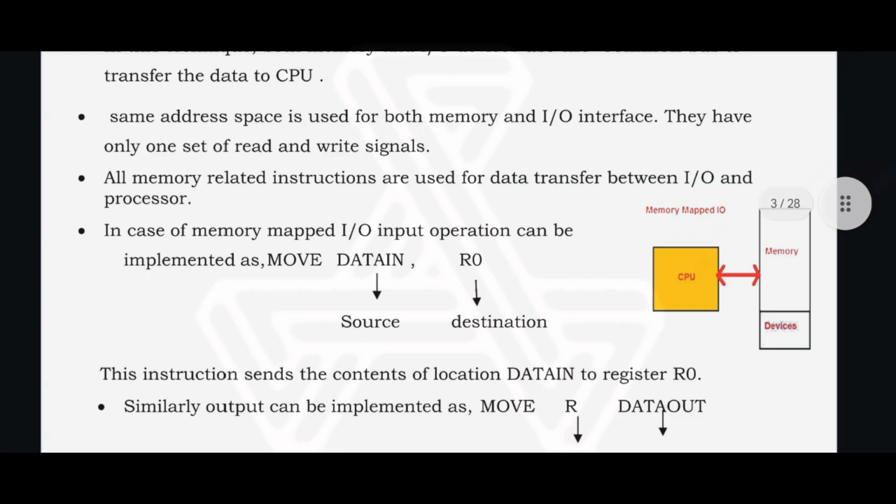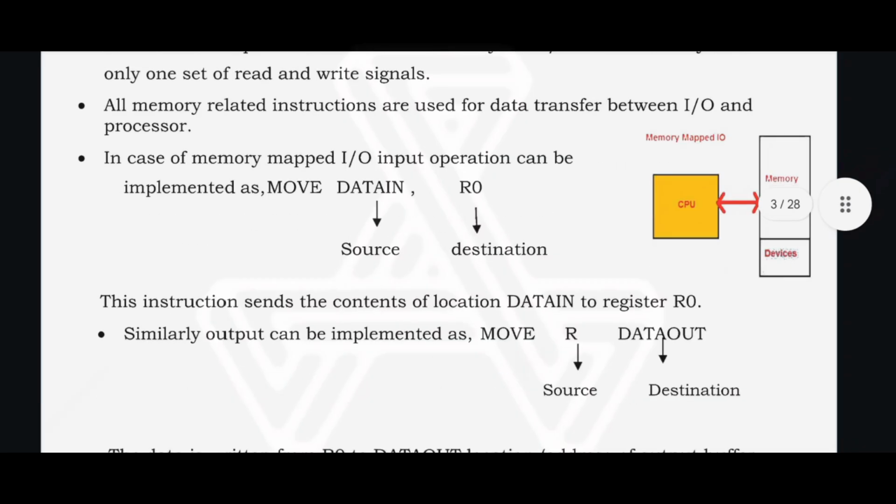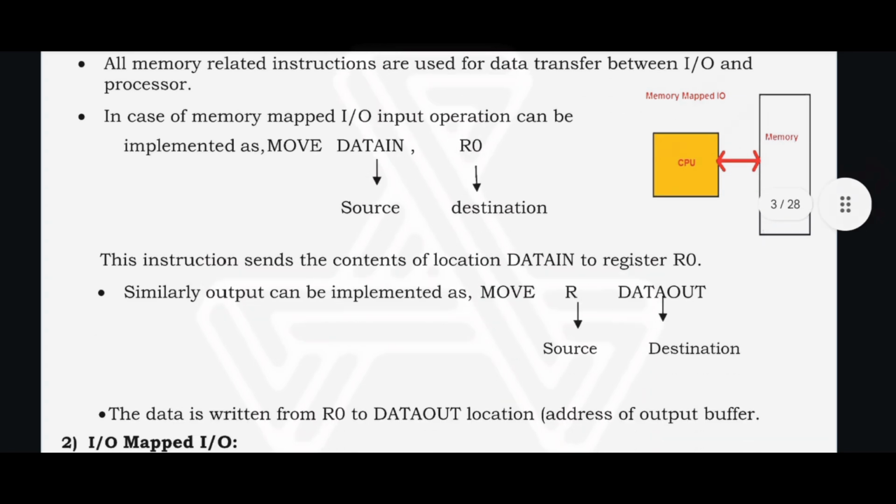Memory mapped I/O. In case of memory mapped I/O, the input operation can be implemented as Move DATAIN, R0, source, destination. The instruction sends the content of location DATAIN to register R0.